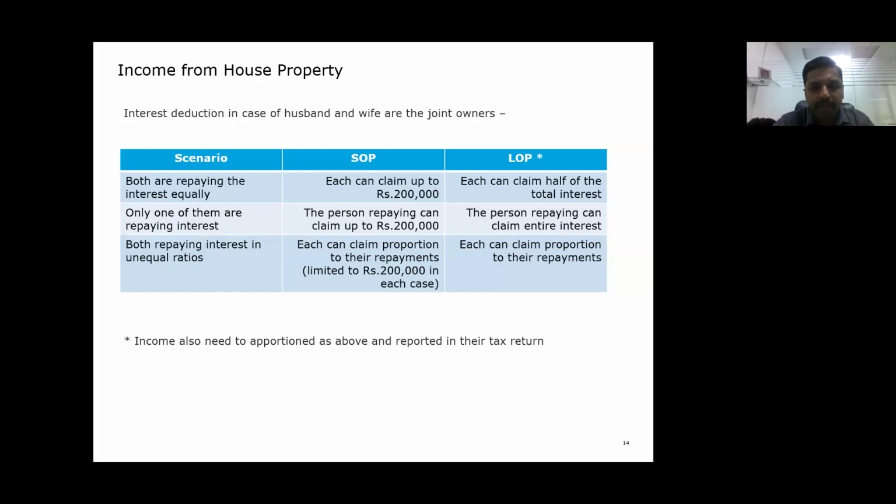So in that case, 1,50,000 and 3,50,000 is what we get as each person's share. The wife can claim the entire 1,50,000 as deduction because this is less than 2 lakhs. But the husband can claim only 2 lakhs and the balance 1,50,000, he has to forego. And in case of let-out property also, each of them can claim proportionate to their repayments.